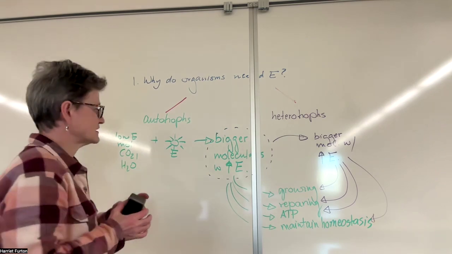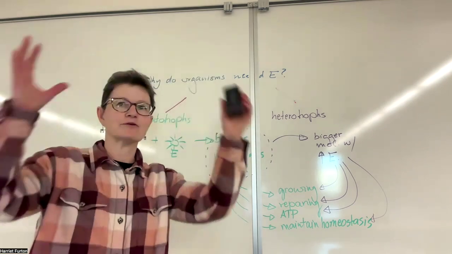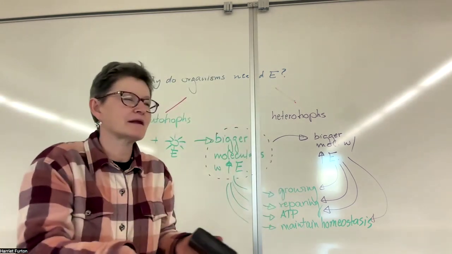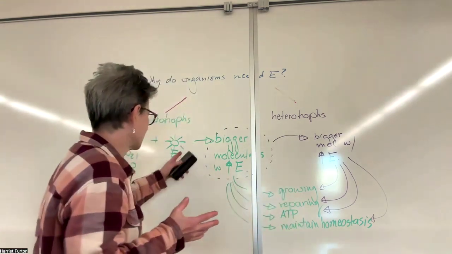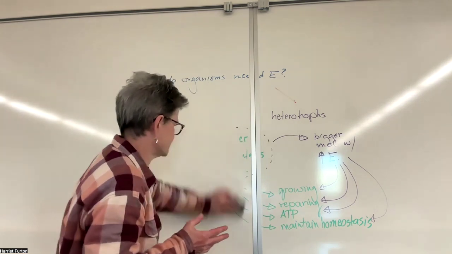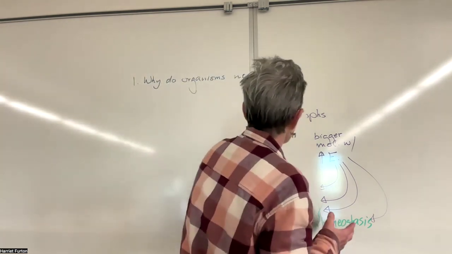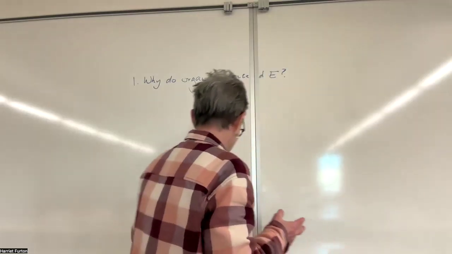So almost the ultimate source of energy is the sunlight on our planet. We will talk a little bit later on about geothermal energy also, but sunlight is really the ultimate source of energy.